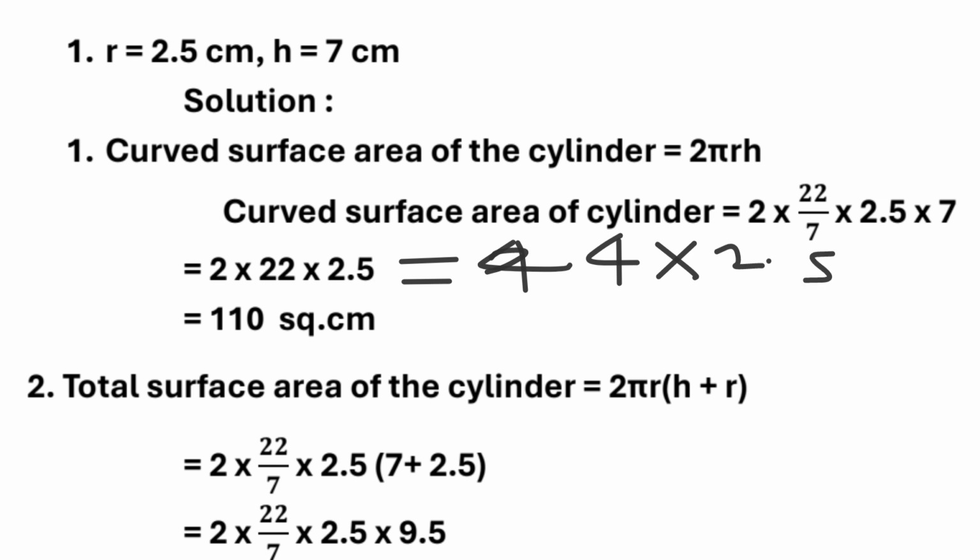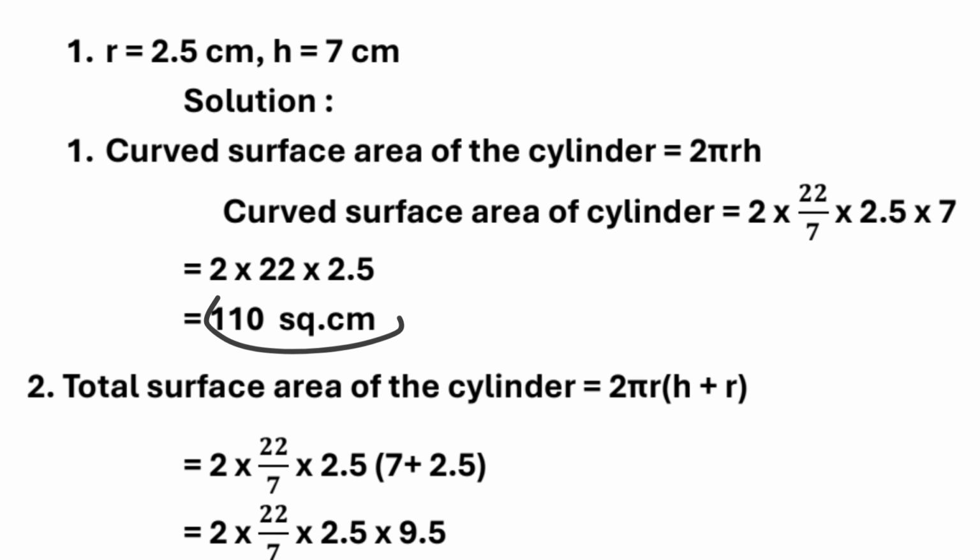Now the product of this, look here, 25 fours are 100. So we write here 0 and carry 10. 25 fours are 100, 100 and this 10, that is 110. So look here. Therefore, the total answer is 1100. Now single decimal place, so we put the decimal point here. Okay, so we get 110 square centimeter.